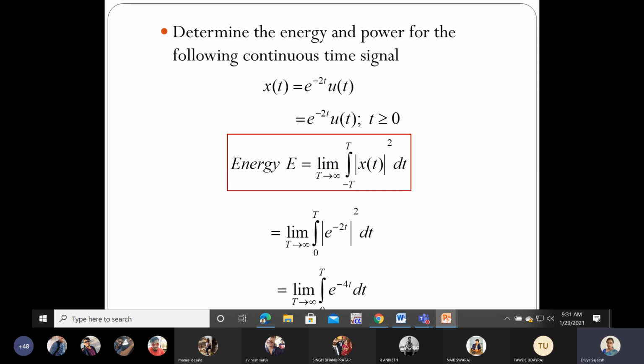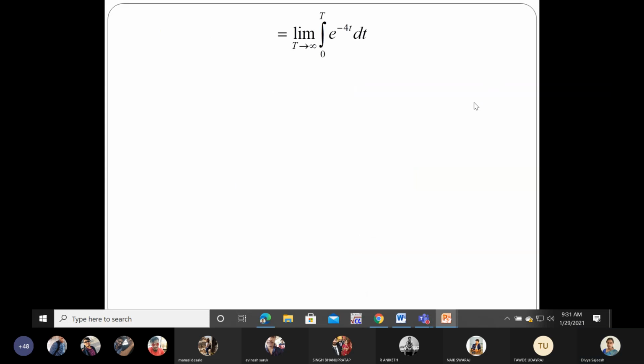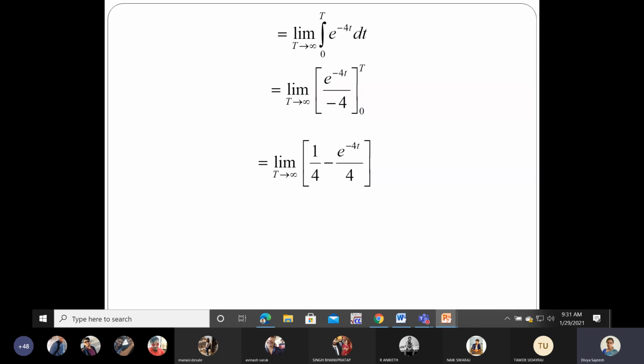Now if you integrate it, you get e raised to minus 4t by minus 4. After applying the limits, you will get 1 by 4 minus e raised to minus 4T by 4.